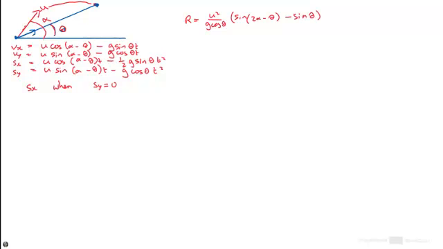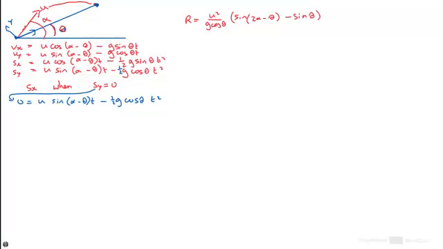This is our new reference frame, that's our x, that's our y coordinate. So when S of y is equal to 0, we get 0 is equal to u sine alpha minus theta t minus a half g cos theta t squared.